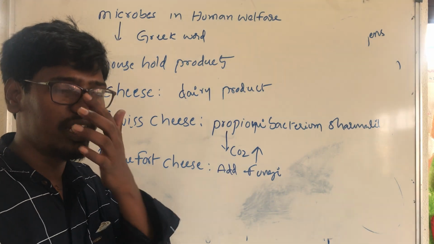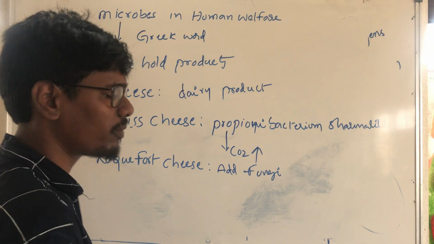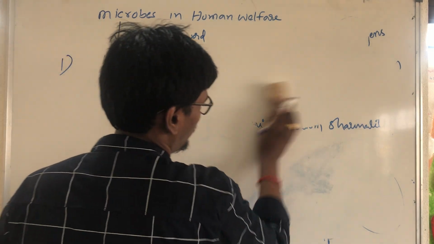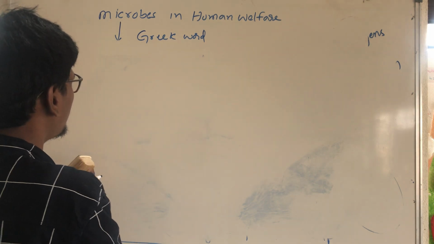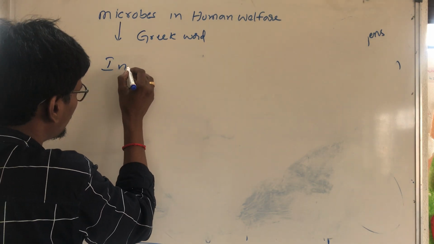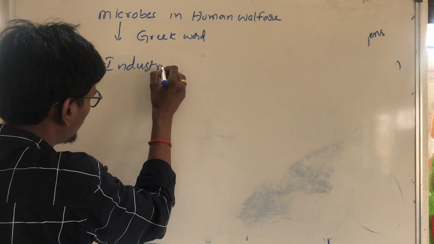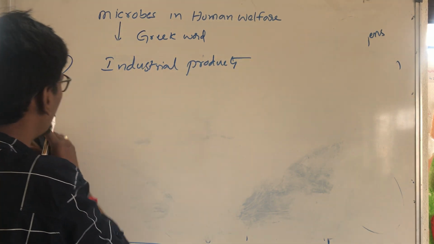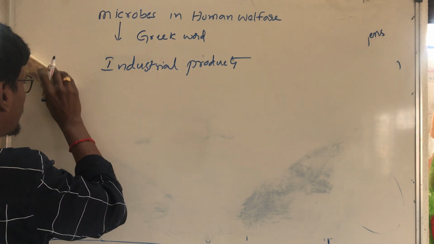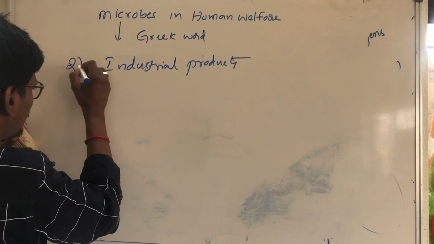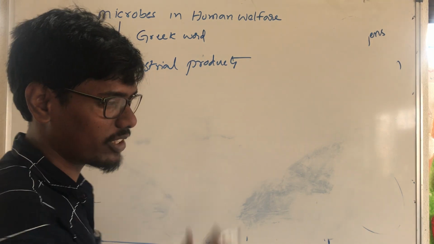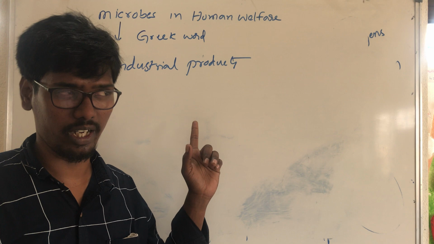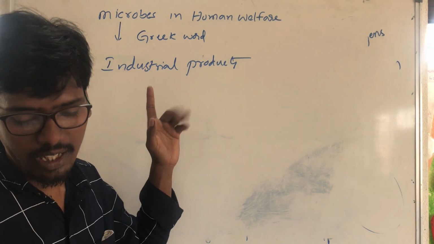Next thing is industrial products. The first one, household products, is completed. The second thing is industrial products.